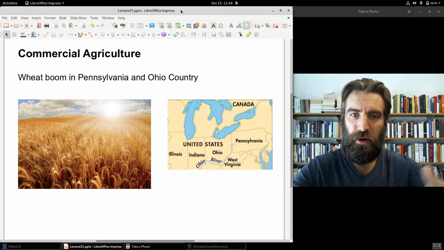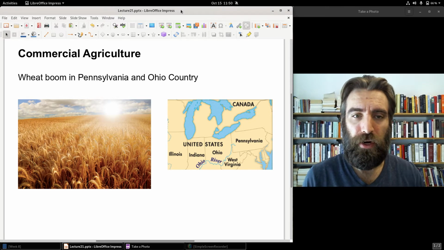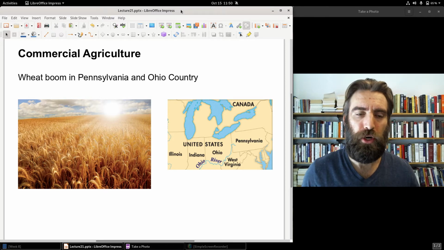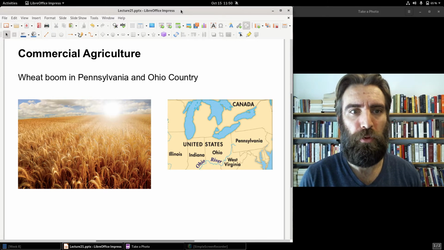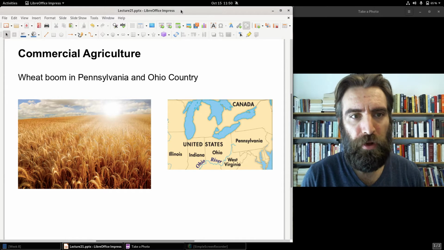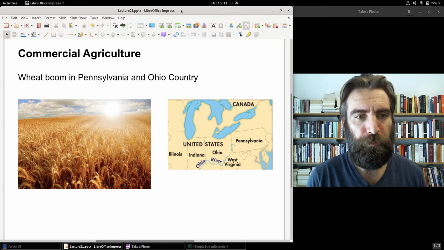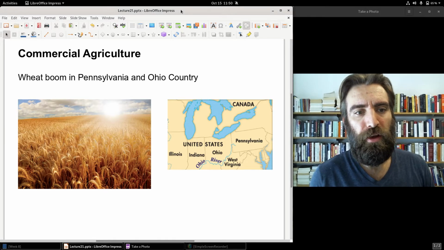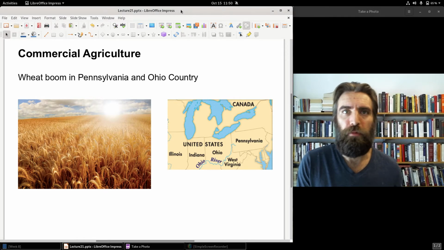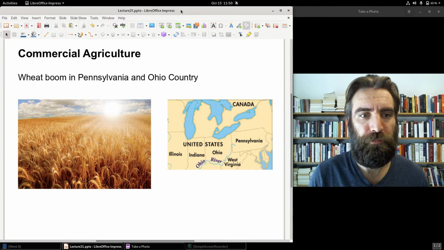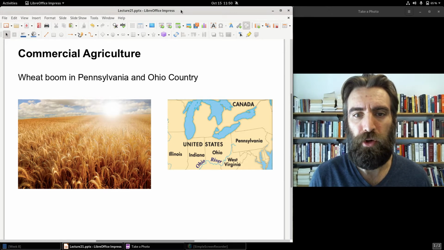Well, this area of the United States is very conducive for that type of agriculture, and so there's a boom in wheat exports from Pennsylvania and the Ohio country to Europe. This area of the country is sometimes nicknamed the bread basket of the early national United States.